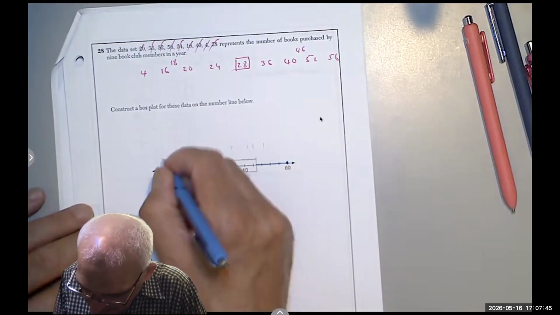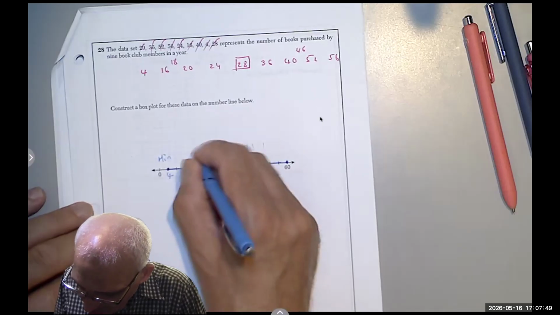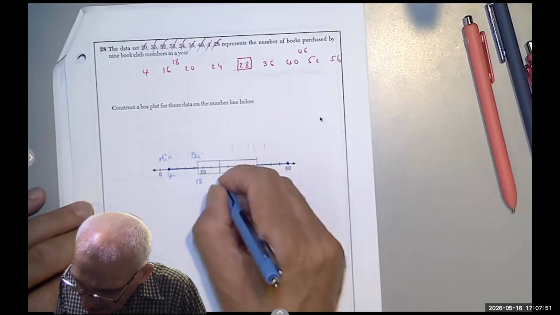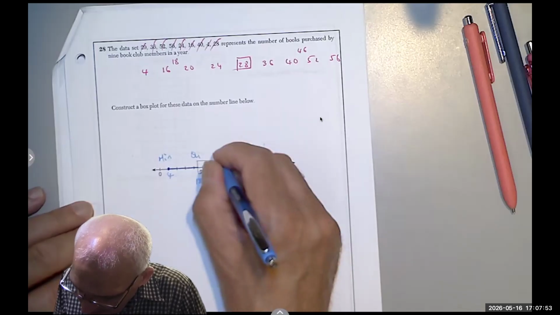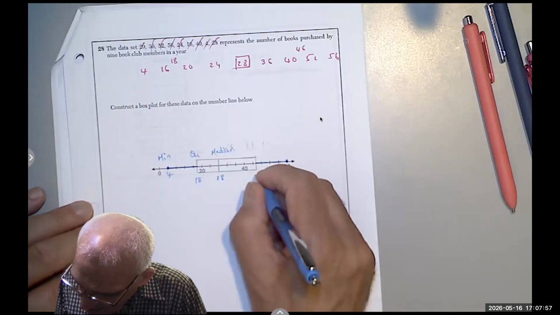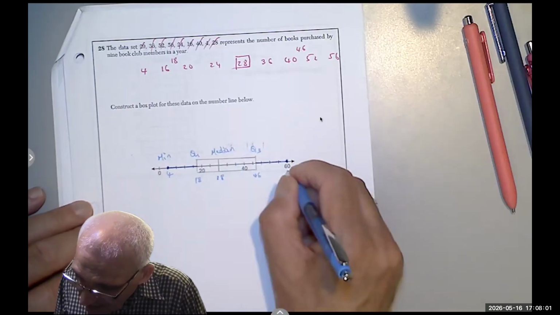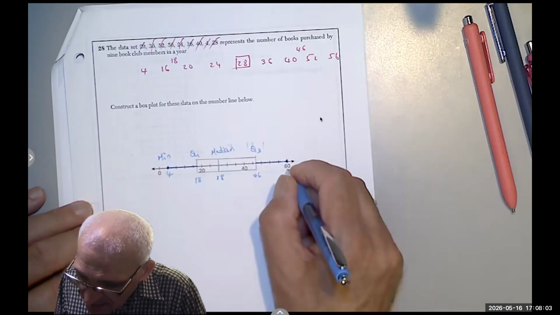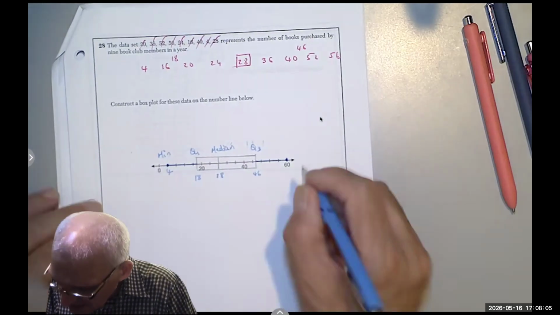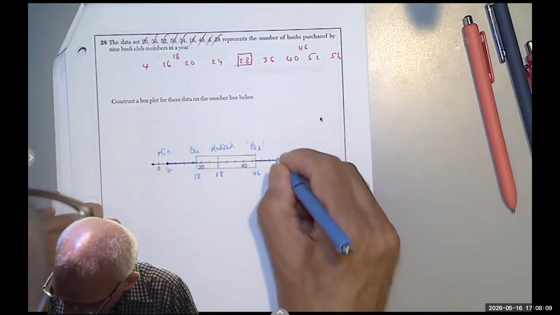So 4, that's the minimum. 18, that's Q1. 28, that's the median or Q2. 46 is the Q3. And oh my God, I'm sorry. 56 is here.